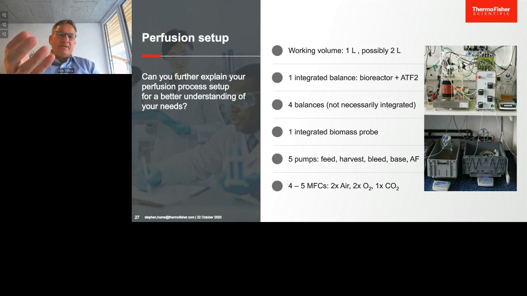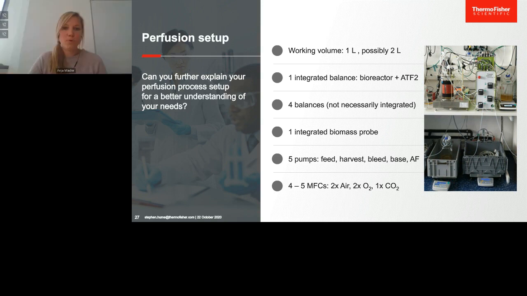To better understand your setup, could you explain a little bit what your setup is, and maybe also give us some insight about the perfusion rate? So our aim was to work with 1 liter working volume, possibly also 2 liter. So for regulation purposes, the bioreactor and the ATF are on a balance, which needs to be integrated in the software.